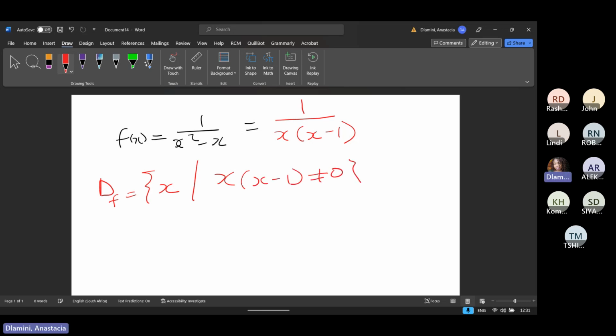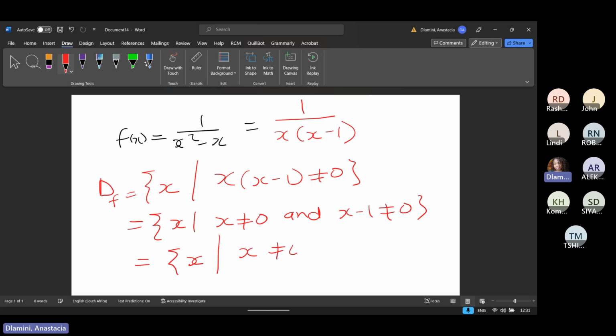Just like that, as you solved it. So x is not equal to 0 and x minus 1 is not equal to 0. So this means that x is an element of real numbers such that x is not equal to 0 and x is not equal to 1, you take 1 to the other side.